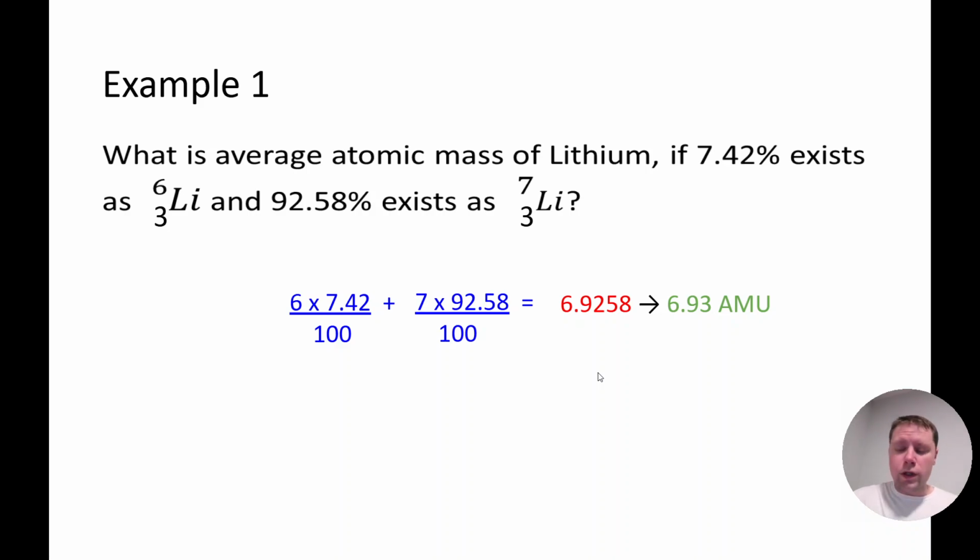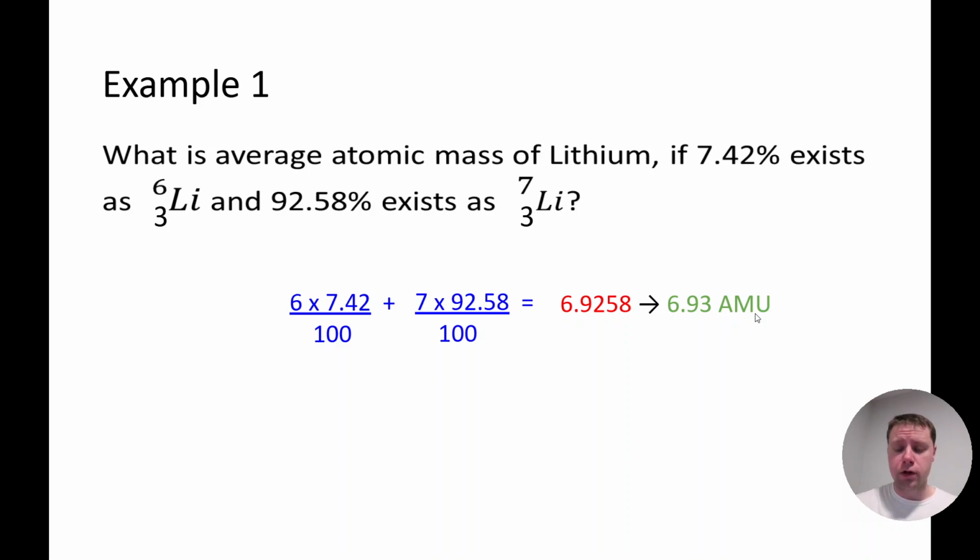Okay, we don't necessarily want to leave the number like that. It just becomes too many digits. So just like when we did molar mass, and every time we take that mass from the periodic table, we're going to round it to 2 decimal places. So if it's 6.92 and then there's a 5 after it, we just round it up to 6.93. And for all of these, because we're talking about the mass of an atom, the unit is always going to be AMU.